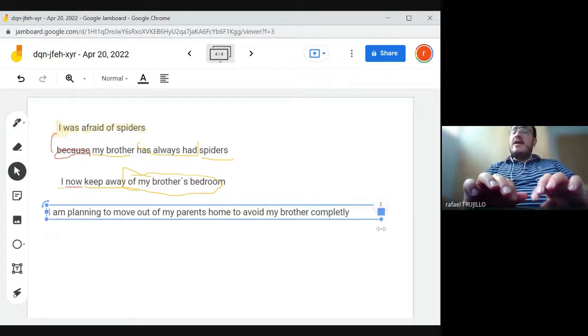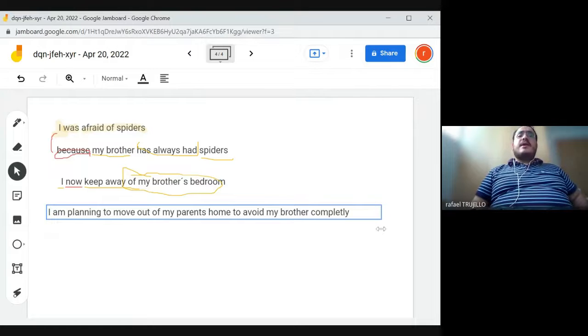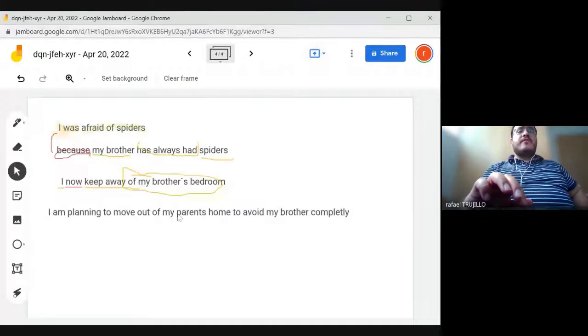And that is a very big sentence. And it is made into two sentences. Probably, let's find out. I am planning to move out of my parents' home to avoid my brother completely.